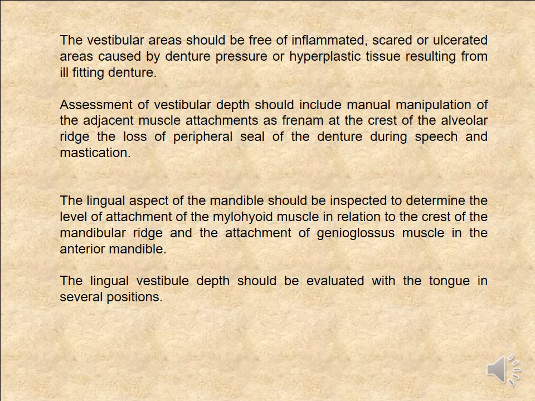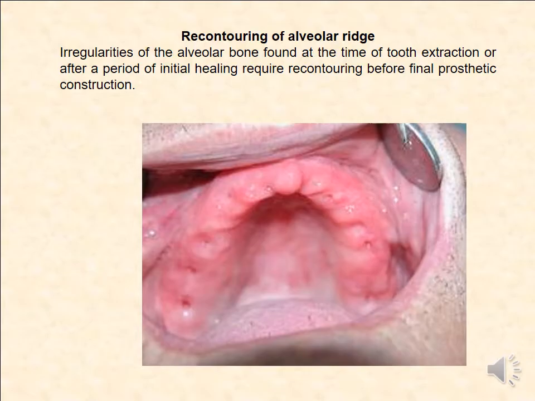So, protrusion, retrusion, and lateral movement of the tongue are evaluated when doing any denture. By recontouring of the ridge, we smooth the alveolar process and then do a denture.